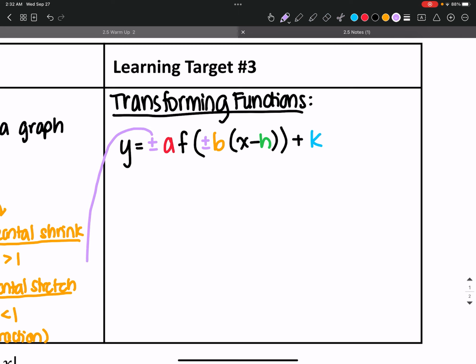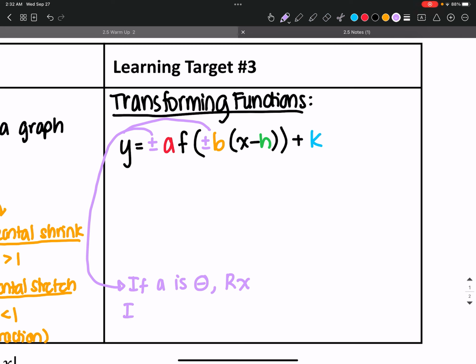If I have plus or minus, I'm going to write this down here because I need space. If a is positive, it's not going to change anything, but if I have a negative in the front, then I know that it's a reflection over the x-axis.